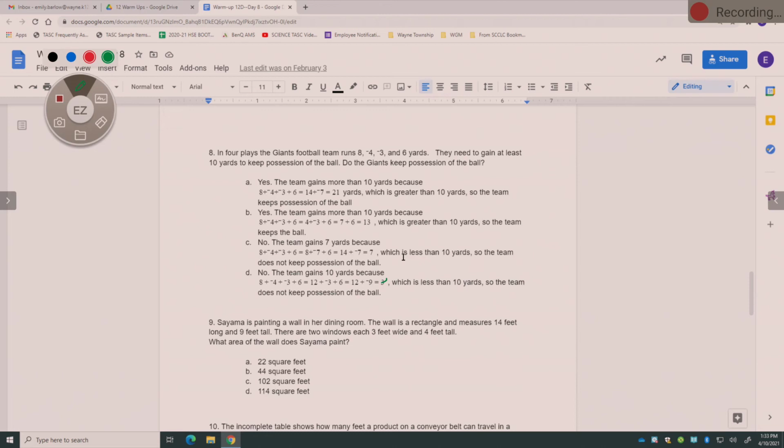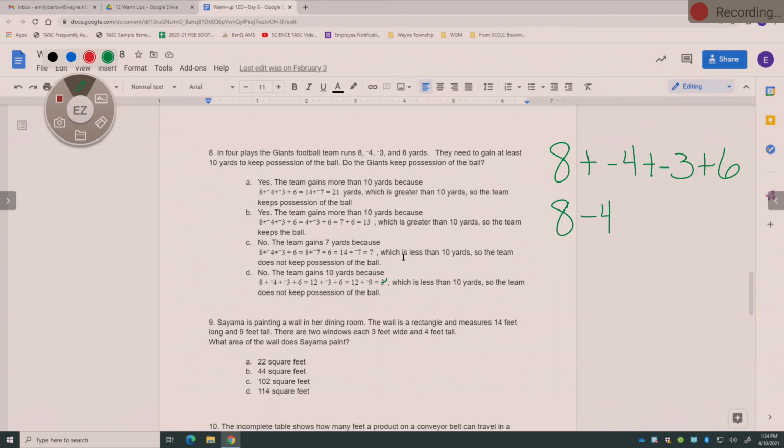So all we're doing is adding. We've got 8 yards, and then our next one we have -4 yards, then we have -3 yards, and then we have +6. So we can clean this up again a little bit, right? 8 plus a negative number is the same thing as just keeping the negative sign.